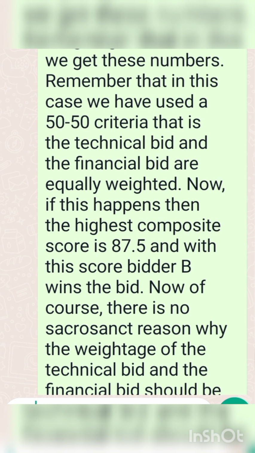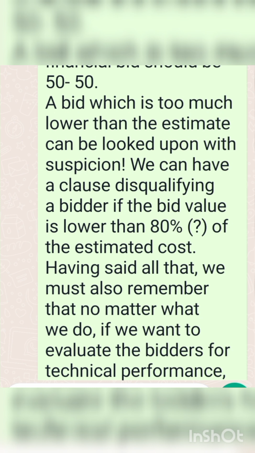Of course there is no sacrosanct reason why the weightage of the technical bid and financial bid should be 50-50. A bid which is too much lower than the estimate can be looked upon with suspicion. We can have a clause disqualifying a bidder if the bid value is lower than 80% of the estimated cost.